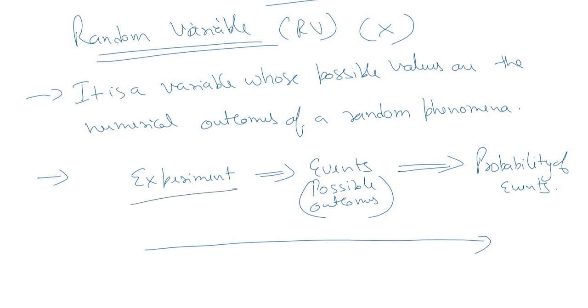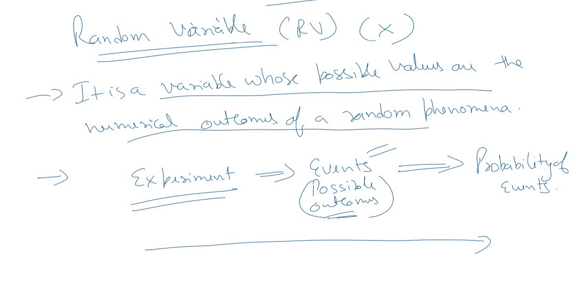We perform an experiment. For example, we throw a coin or we throw a dice. There are 6 possible outcomes of a dice. These are the possible events. It can have values 1, 2, 3, 4, 5, 6, right? So these are the possible outcomes which will be represented by the random variable. It's a variable whose possible values are the numerical outcomes of the random phenomenon, and hence we can find out the probability of occurrence of each event.